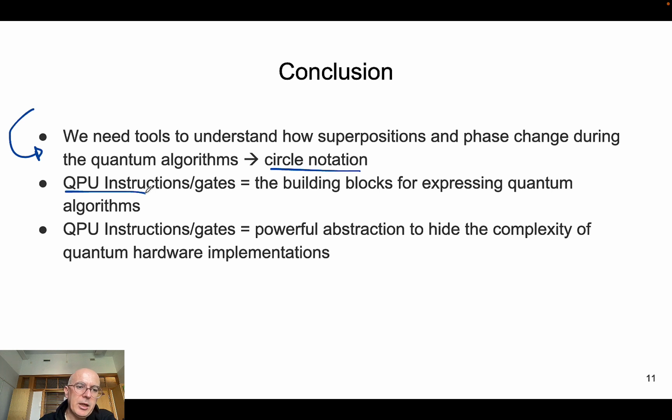And finally, we're going to see these QPU instructions, quantum gates, in use as a powerful abstraction to hide the complexity of the quantum hardware implementation. We're going to see at least 3 very important quantum circuits: the Bell pair, the phase kickback, and the swap test.